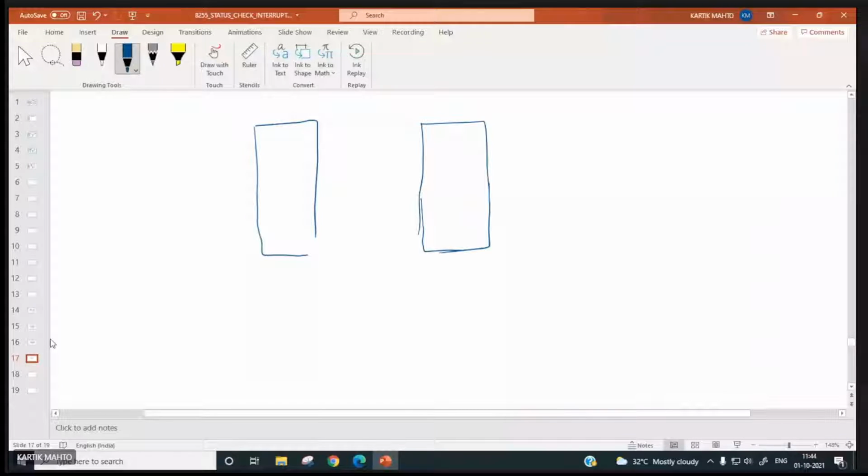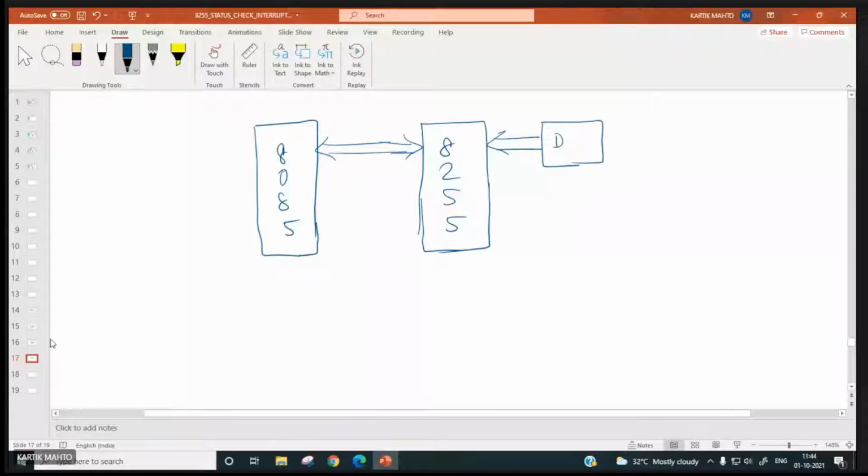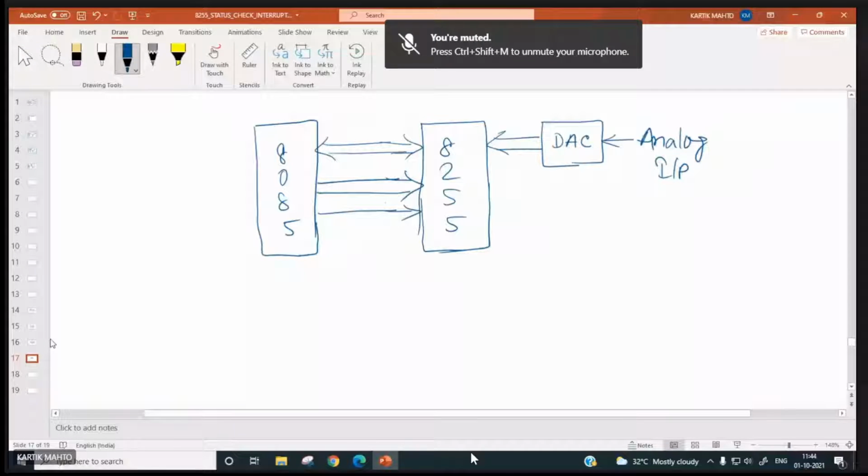The answer is that your processor is 8085, and it interacts with your 8255, and the 8255 is connected with the DAC, and the DAC takes the digital input and gives you out the analog.